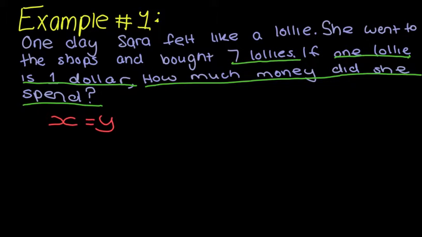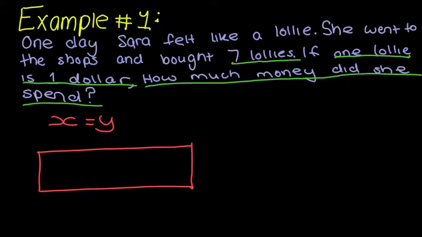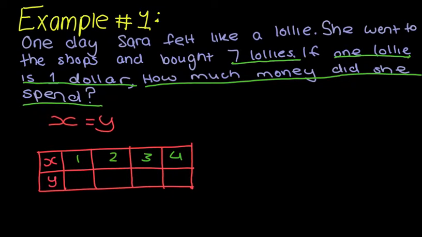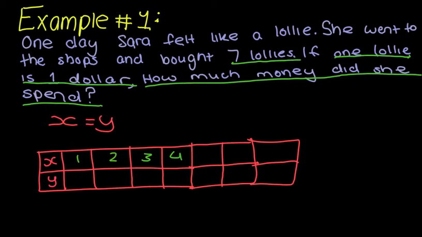So to make it easier, if we draw up a table saying x and y, and if you write in the table up to 7, 1, 2, 3, 4, 5, 6, 7, it is x and y is exactly the same.